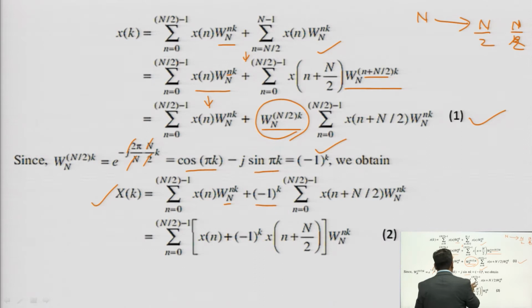Now, the summation limits of both the terms are the same, so you have to take it in common. So, it will be summation n = 0 to N/2 minus 1. Now, what will remain: x[n] plus minus 1 to the power k into x[n + N/2], and this coefficient is also common, W_N^(nk). So, this is your equation number 2.